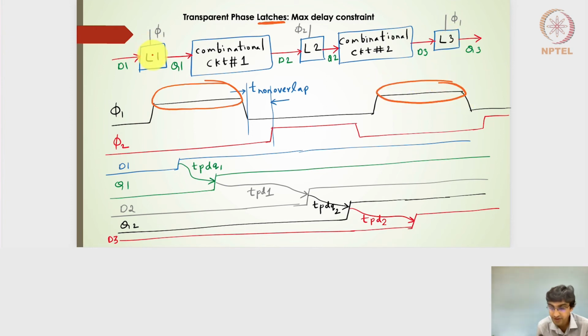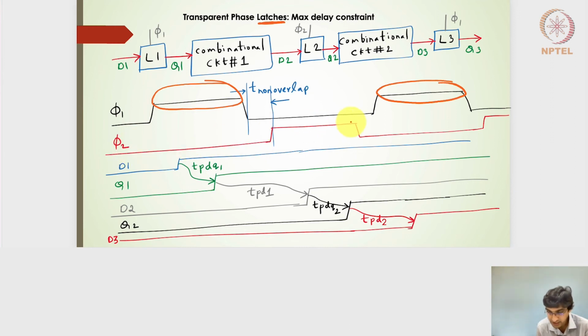So all the odd numbered latches, L1, L3, L5, work in the positive level of the clock, whereas L2, L4 and L6 are all connected to clock number 2, which is derived from clock 1, but it is phase shifted. So clock 1 and clock 2 are non-overlapping in this particular representation.